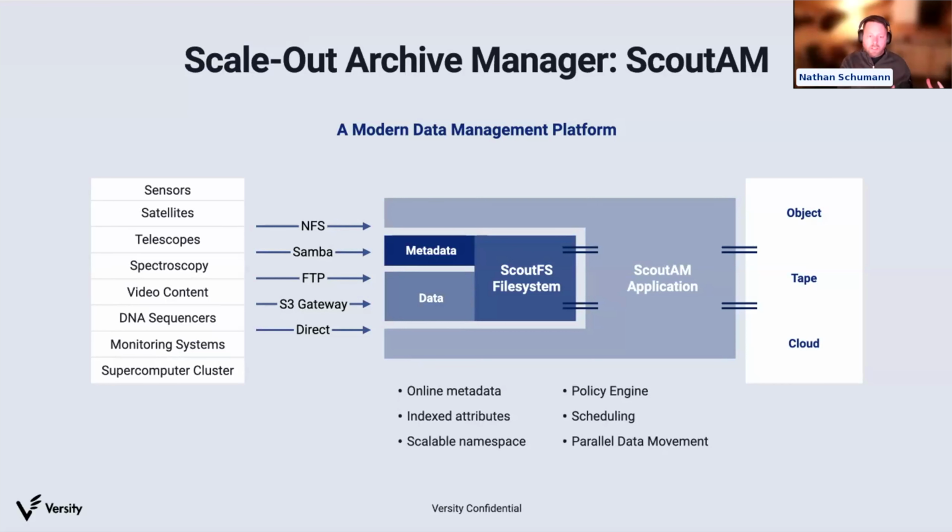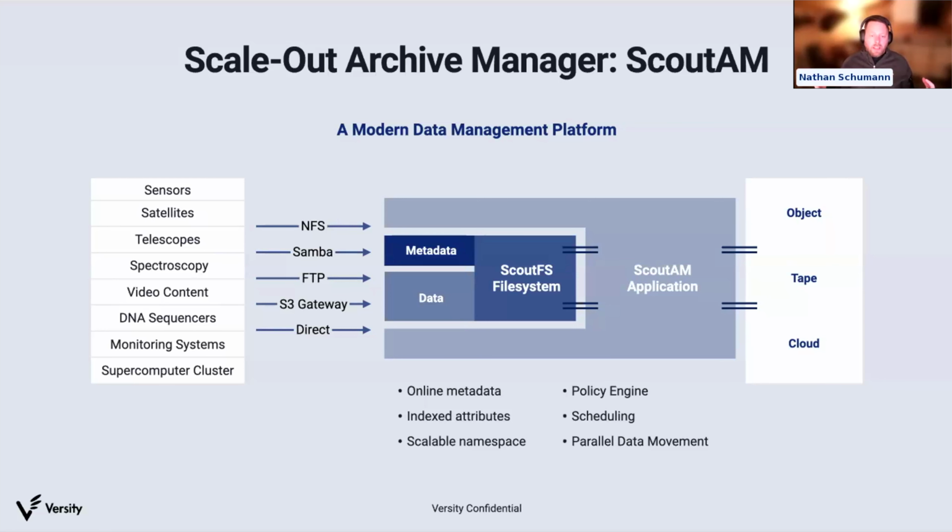So there's lots of different data sources that are coming into ScoutAM. I tend to think of these as really file and object. So file being NFS, Samba or CIFS, FTP, things like GridFTP. And then object, which would be part of the Versity S3 gateway.